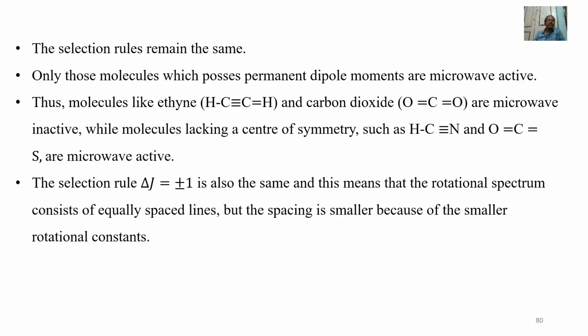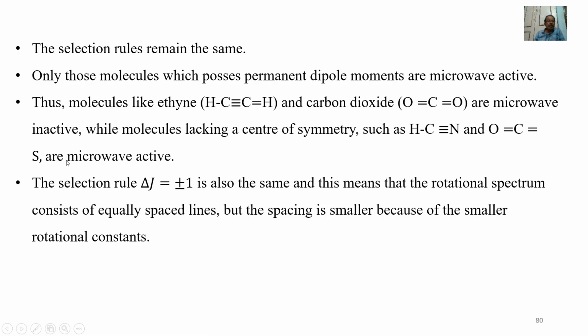However, the selection rules remain the same. Only those molecules which possess permanent dipole moments are microwave active. Thus, molecules like ethane and carbon dioxide are microwave inactive, while molecules lacking a center of symmetry such as HCN and OCS are microwave active.